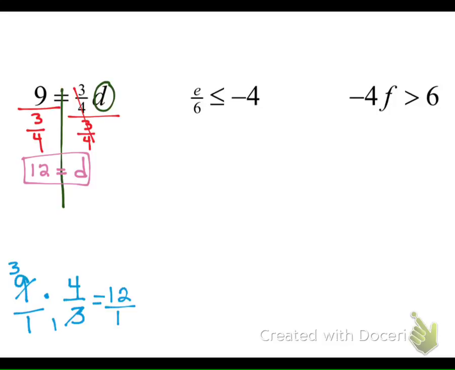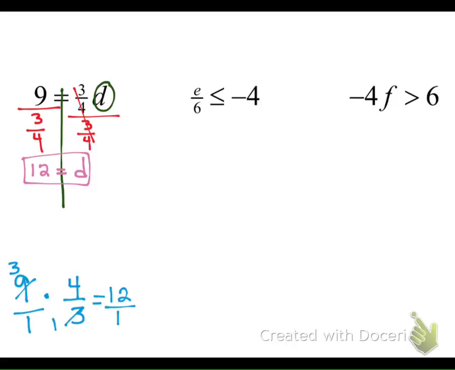For the next two problems, it's solving one-step equations with inequalities. What I'd like you to do is get your notes out from yesterday. Probably not stapled together yet.